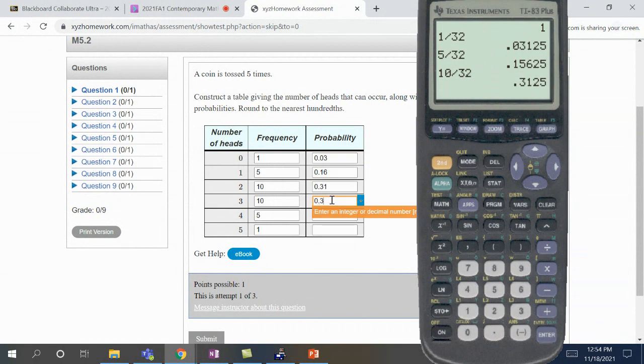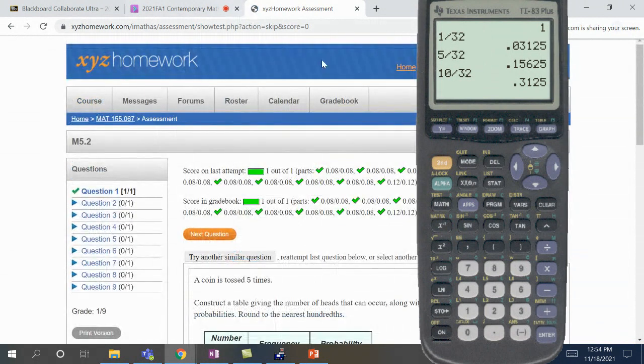Again, 0.31. Then 0.16 from a previous calculation, and 0.03 from a previous calculation.